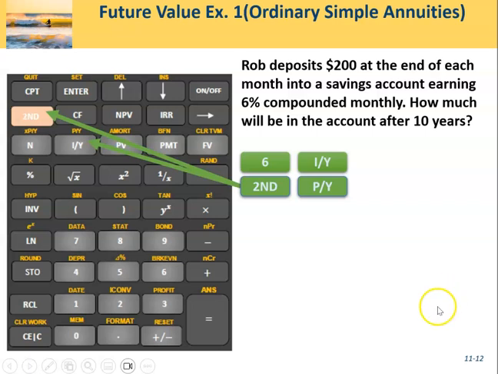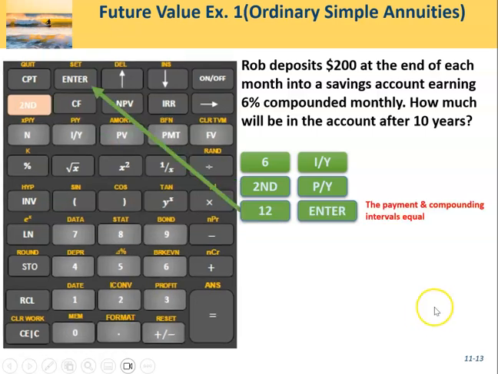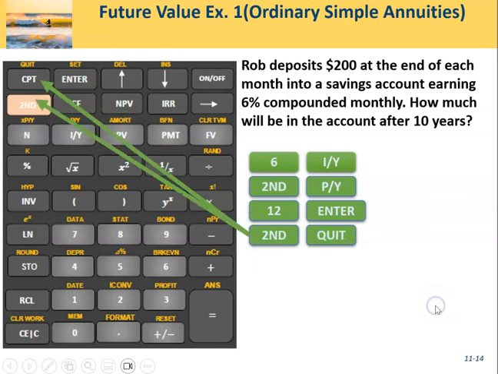Then we need to go in and change the PY and the CY. So we're going to push the second key and click IY so that we can get to the second level. That's when we need to put 12, enter. And then we need to go second, quit, to come back up to the main level.